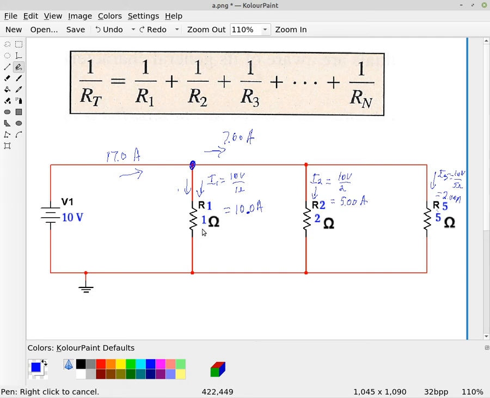This path has 1 ohm resistance, this path has 2 ohms resistance, and this path has 5 ohms resistance. So what we get is more current through the least resistance and the smallest current of 2 amperes through the resistor of highest resistance.